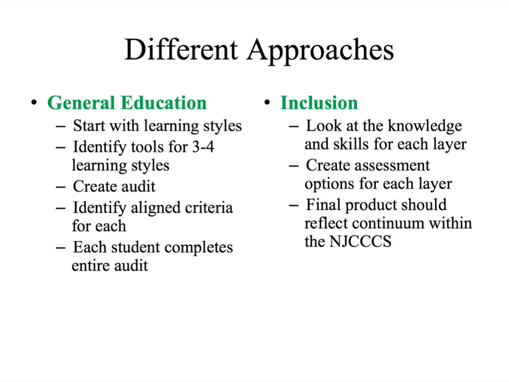And then over the course of your unit, create what we call a learning audit. So a series of different assessments that each evaluate different knowledge and skills for your unit, but each are a different format, and each format appealing to a different learning style. And in this situation, every student would complete the entire audit.